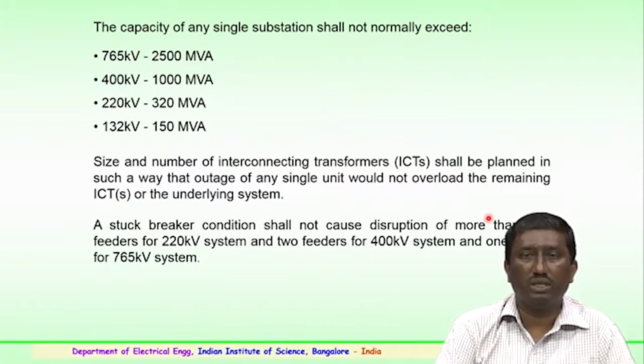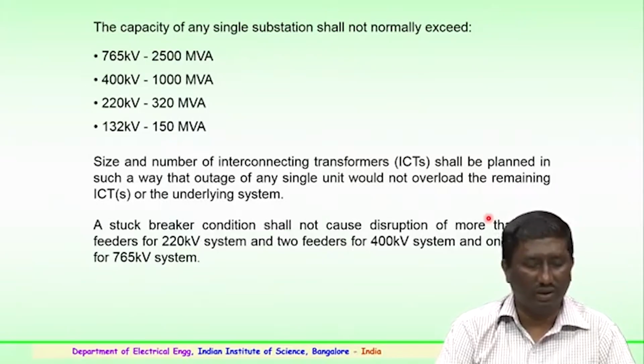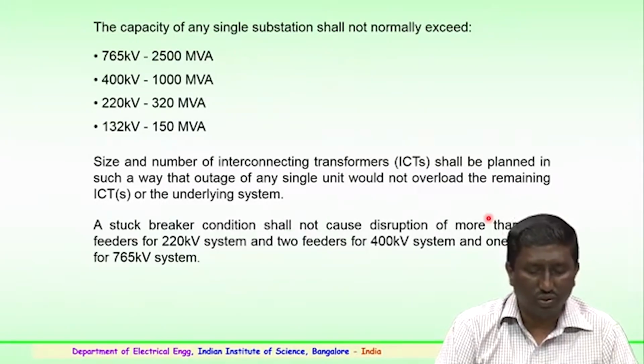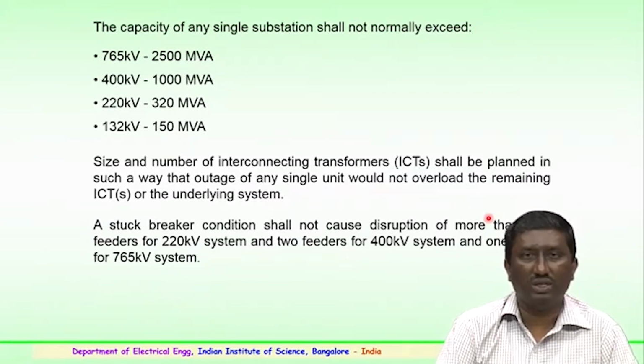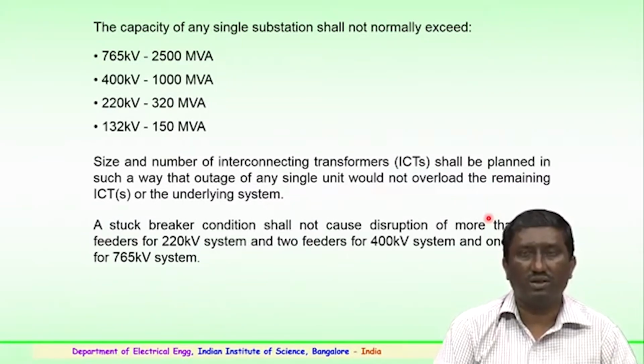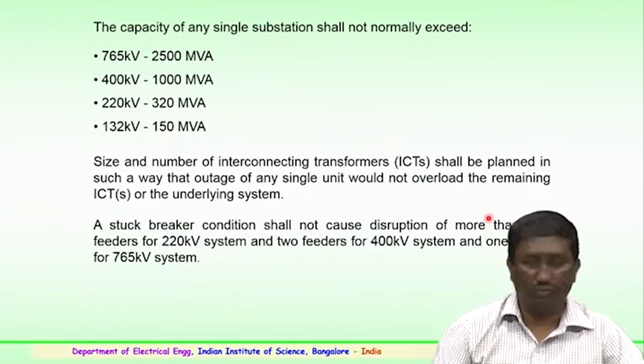If the substation is 400 kV, the breaker should not cause disruption to more than 2 feeders, and it should not cause disruption to even a single feeder if operating at 765 kV or 800 kV level. So, these are very important points to be noted for planning, and the capacity which any single substation is maintained at has to be strictly followed.